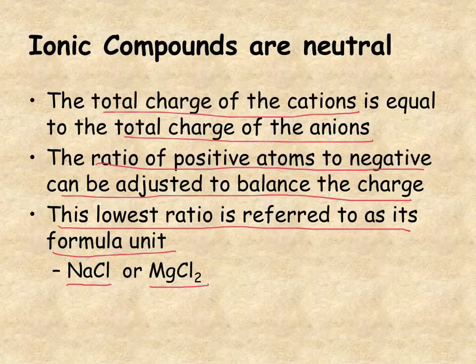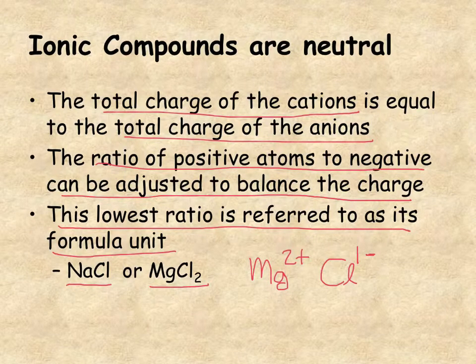Now let's remember back how we did that, for those of you who can't remember how we did it. So we know that magnesium, for example, has a 2+ charge, right? That's our oxidation number. It wants to lose 2 electrons, so when it does lose 2 electrons, it gets the 2+. And we know that chlorine is -1, so it's 1-, because it wants to gain an electron to get to a full octet.